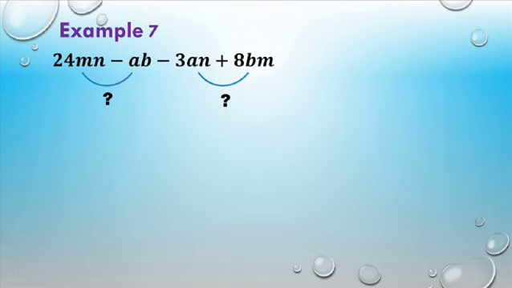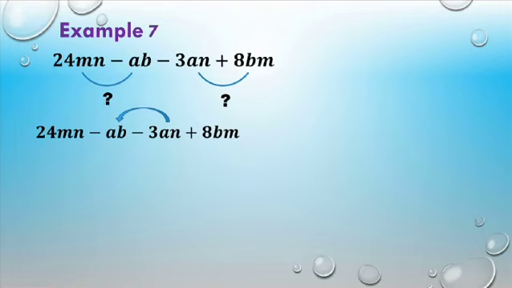So what are we going to do? We are going to interchange the second term and the third term. So I have 24mn minus 3an minus ab plus 8bm. You need to be careful when you're interchanging the terms.